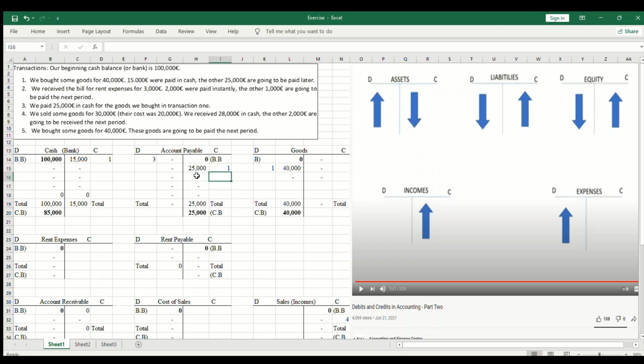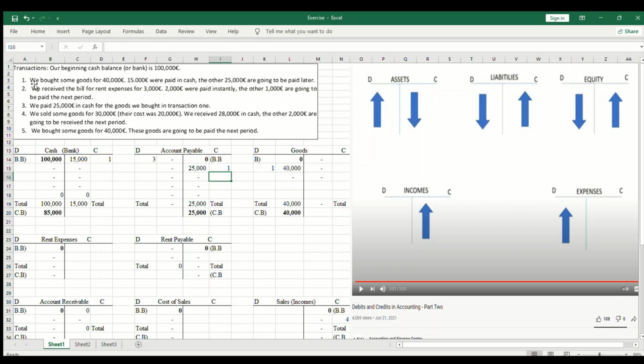We credit accounts payable because the rule here says accounts payable is a liability, and the rule for liabilities says that liabilities are increased on the credit side and decreased on the debit side. So when we have more liability than we had before, we have to credit liability. In this case, we credited liability for 25,000 euros.